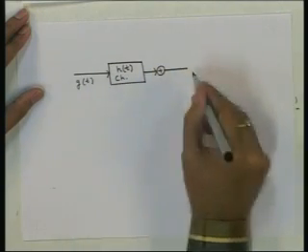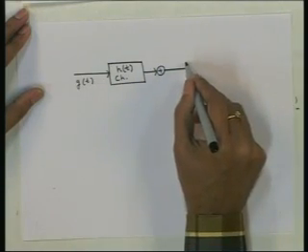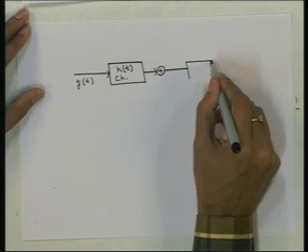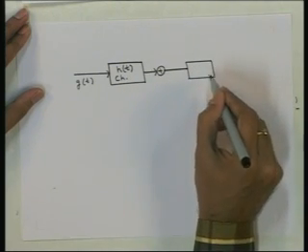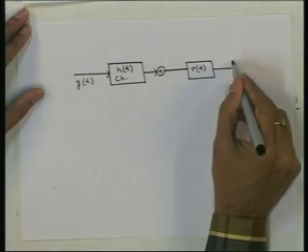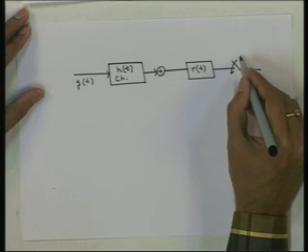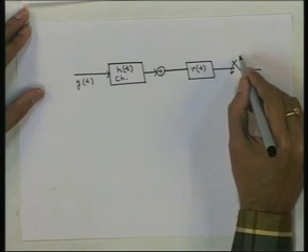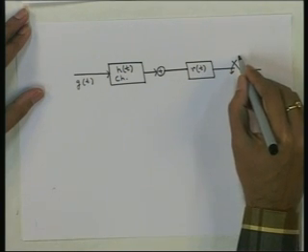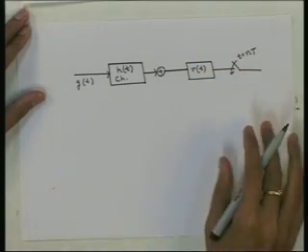Let us say this is the baseband pulse, and there is the receive filter at the output of which we sample every T seconds. So, this is sampled at multiples of capital T seconds.